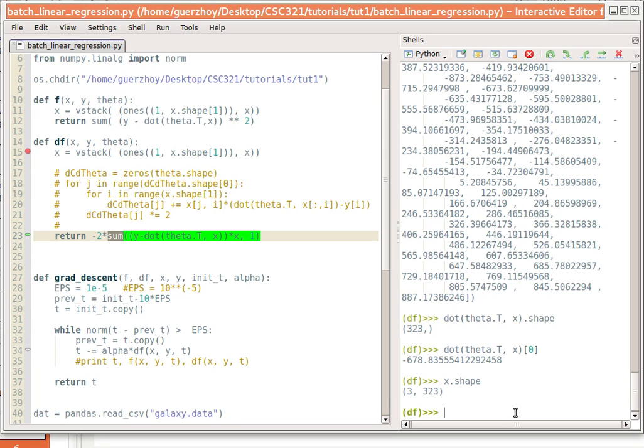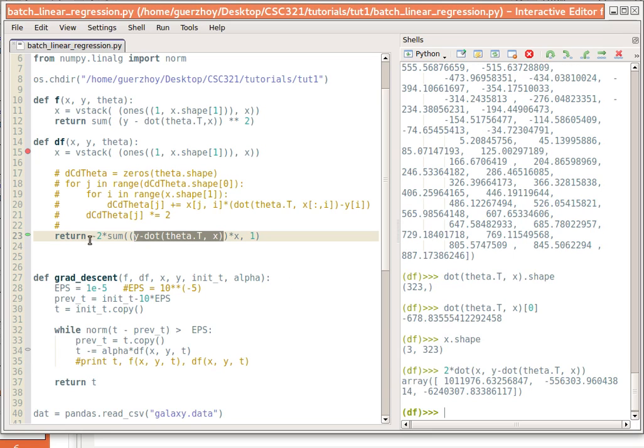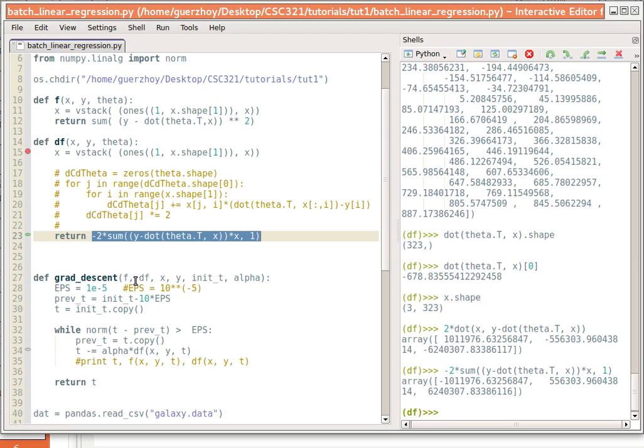And in fact, if you say dot x, so that's not entry-wise multiplication, that's actual matrix multiplication, times y minus dot theta x, this guy, and then you multiply it by 2, you in fact get the same as what you'd gotten if you used this thing. Those are the same thing, and this expression is, well, probably nicer. Let's copy it over here.